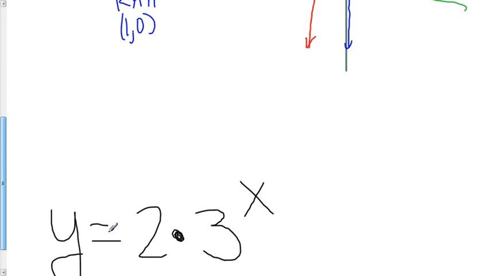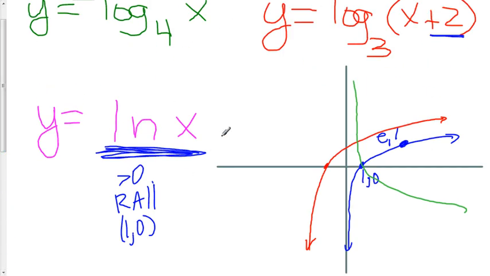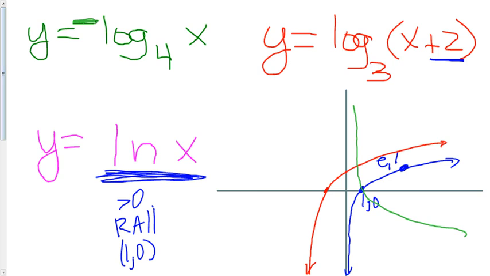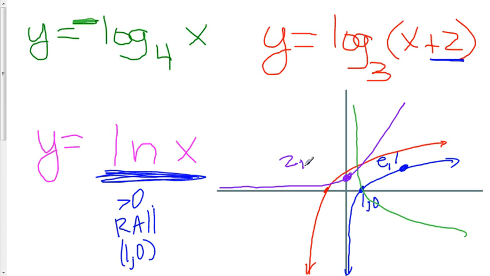And finally, our last one is y equals 2 times 3 to the x. That is different than these three in that it's an exponential function. And exponential functions run along the axis and then curve upward. And because our initial value is 2, that coordinate is going to be 0 comma 2.